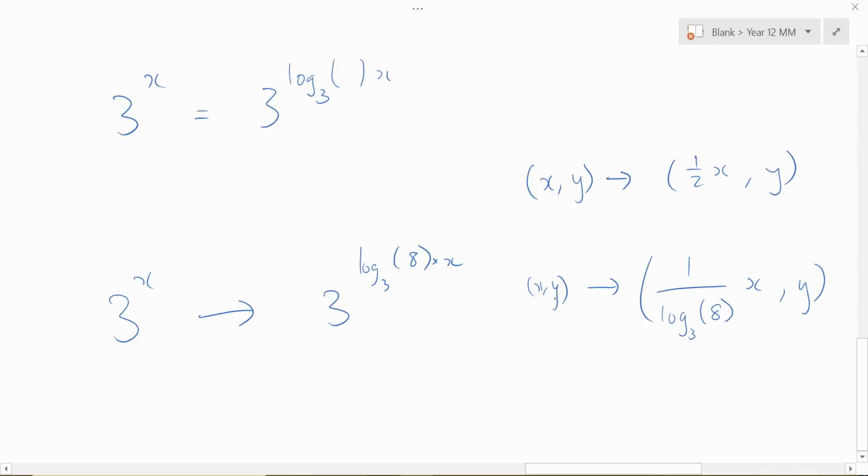Does this make sense what I'm doing? So I'm just doing a comparison. If it was 2 times x, you told me it's 1 over 2. Then if I have log base 3 of 8, then you would tell me it's 1 over log base 3 of 8. True? And the nice thing is log 3 of log 3 will cancel out. But what's the problem? I still have an x there.